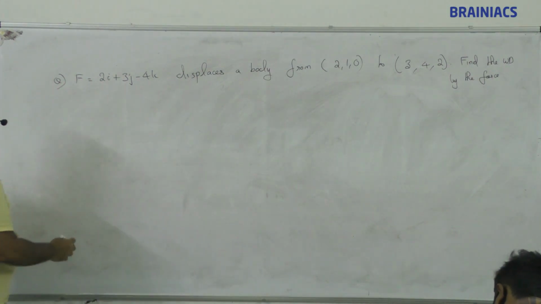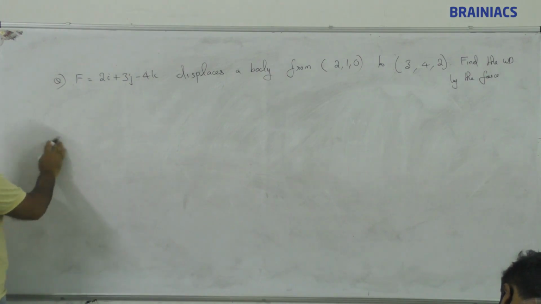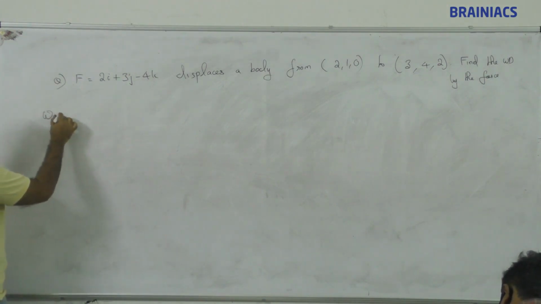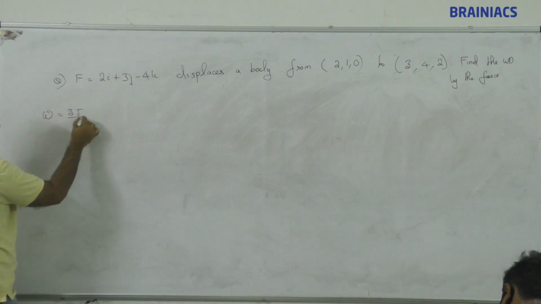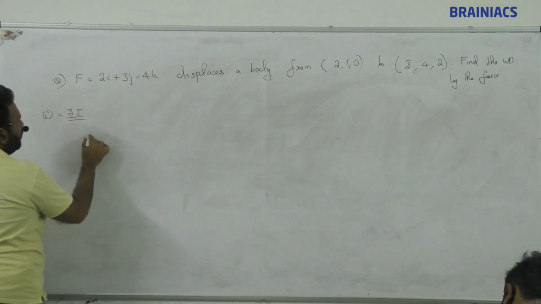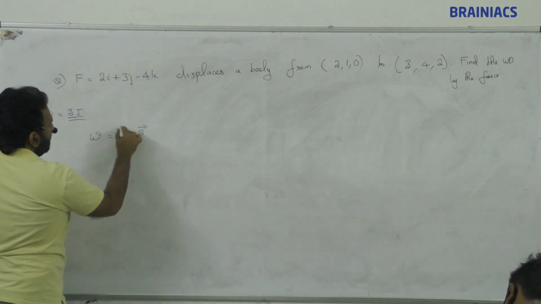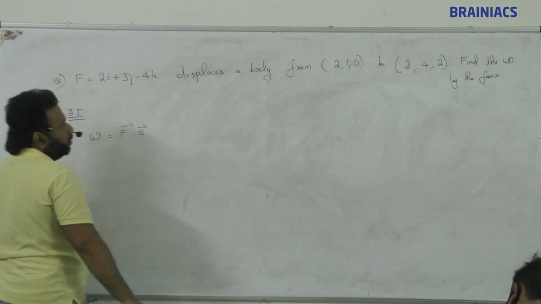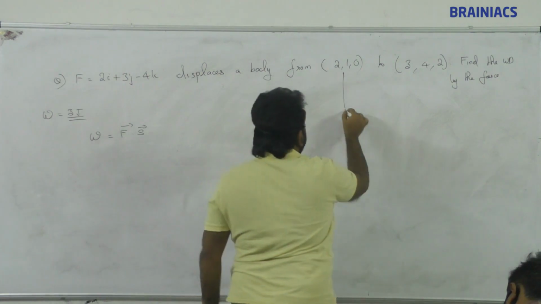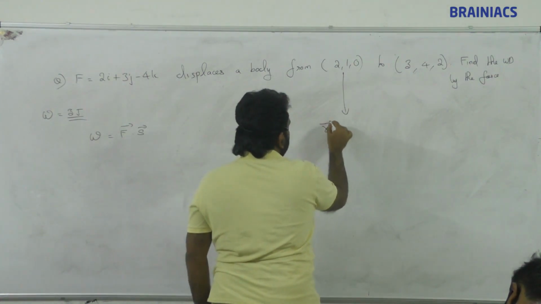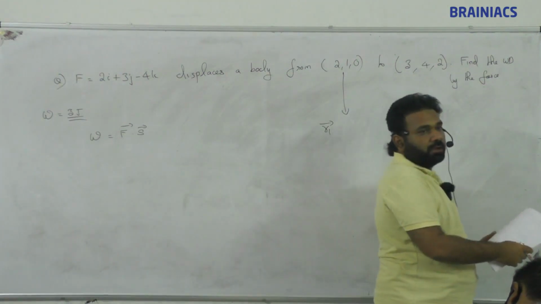What answer are you getting? 3 joule. So work done is 3 joule, correct? The work done by the force is F dot S. Now, about this one, this is actually a position vector.